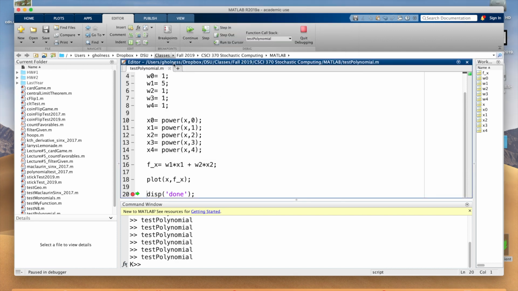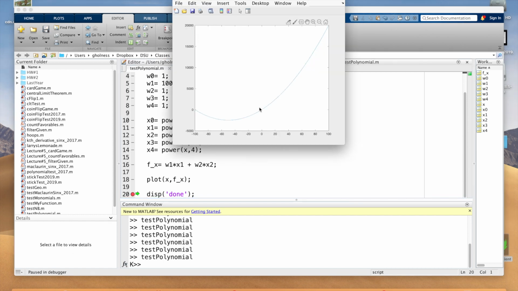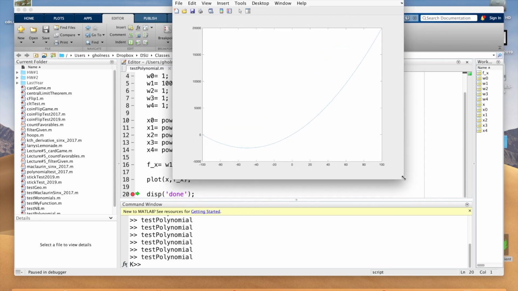We can make this a lot more dramatic if we increase the coefficient to, say, 100 for the x1 W1 term. So let's save that and let's rerun it. And you'll notice it's even more dramatic. If you look at the left-hand side of the parabola, it's really, really low. It doesn't scoop quite as much or as high as the right-hand side of the parabola.